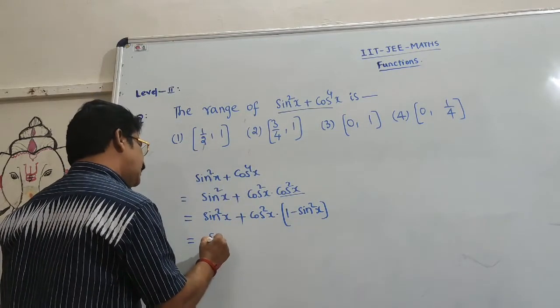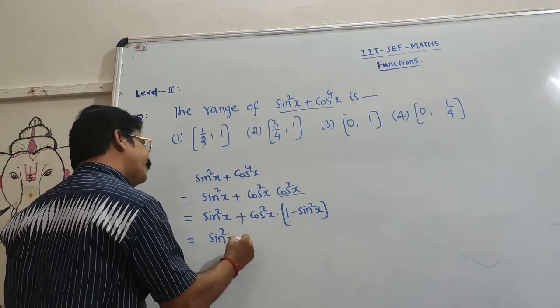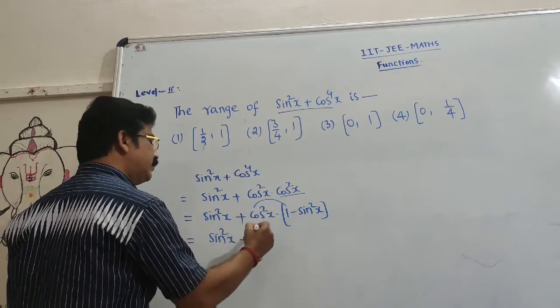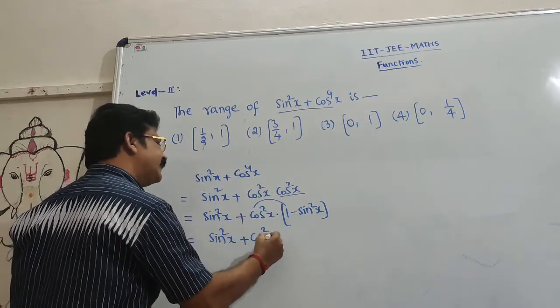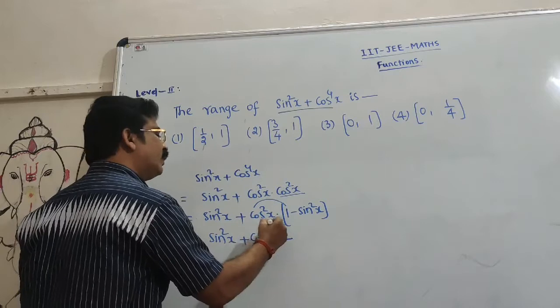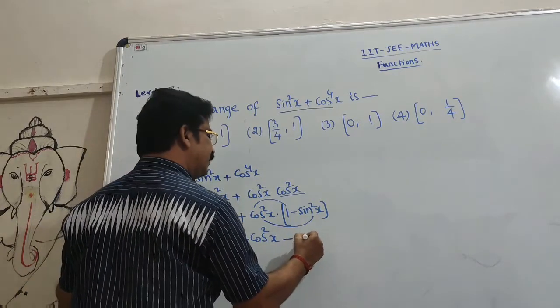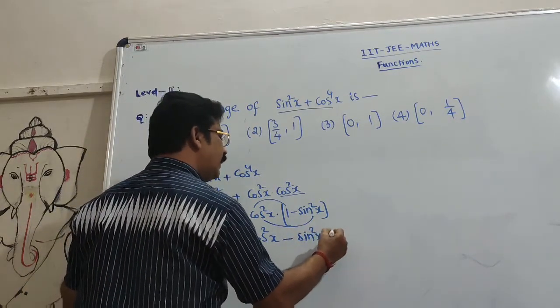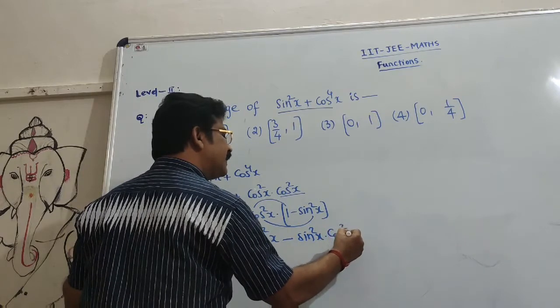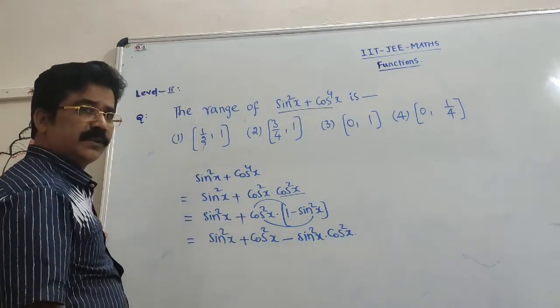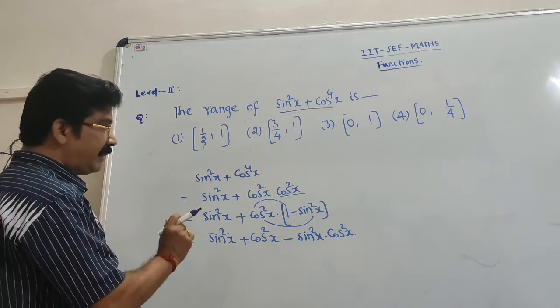That is equal to sin square x plus cos square x into 1 minus sin square x, which is sin square x plus cos square x minus sin square x into cos square x. This is the best method to simplify the given trigonometric function.